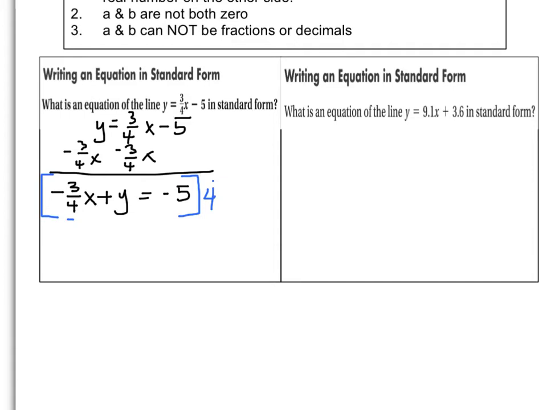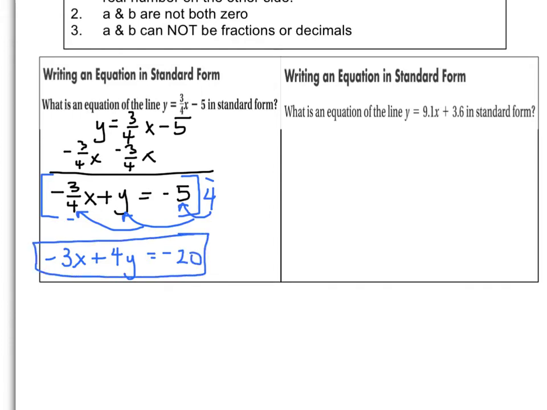When I do this, I distribute it to each part, and this 4 cancels out with this 4. I'm left with negative 3x. 4 times y is 4y. Equals negative 5 times 4, which is negative 20. And this is in standard form. Okay?